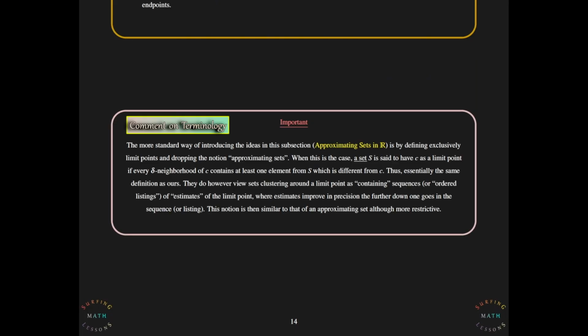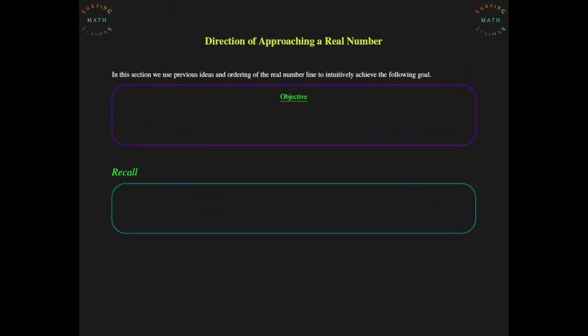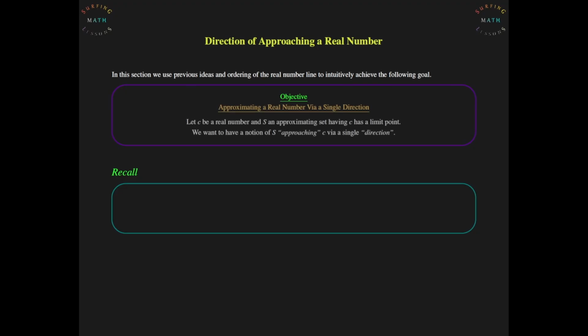We now further refine the concept of approximations by using the concept of directions on the real line. The goal of this last section is to define the notion of an approximating set approaching any of its limit points via a single direction.